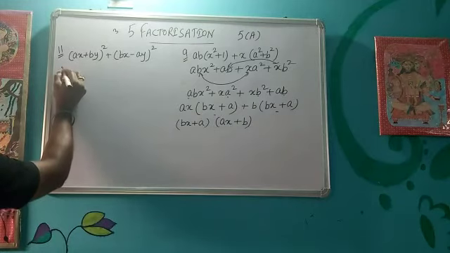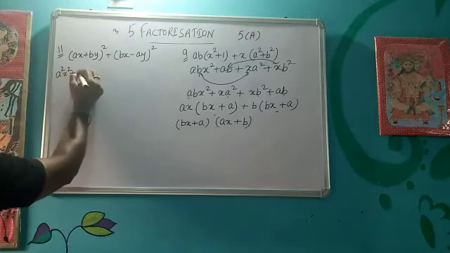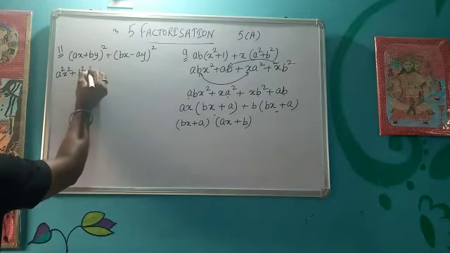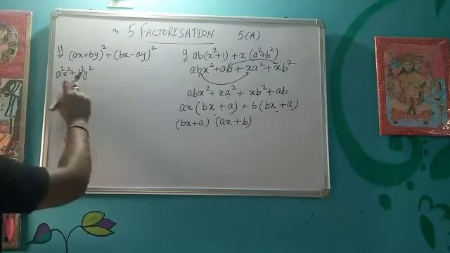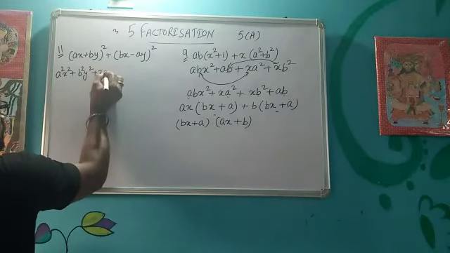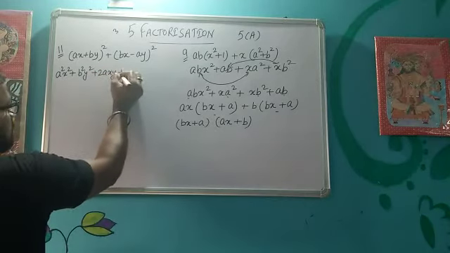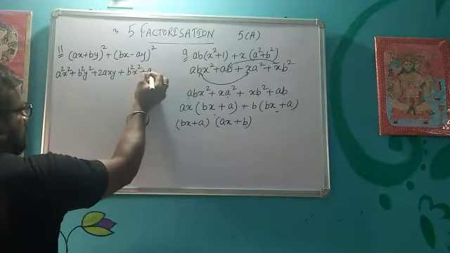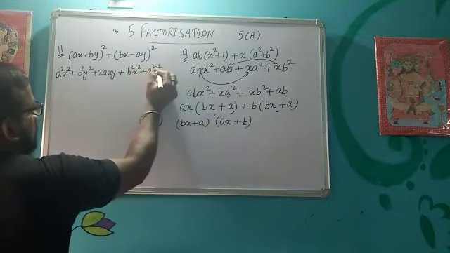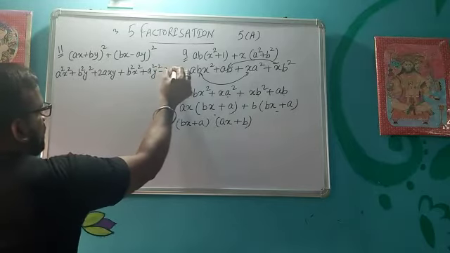So a plus b whole square you already know: a square plus b square plus 2ab. Here again a minus b whole square, a square plus b square minus 2ab.